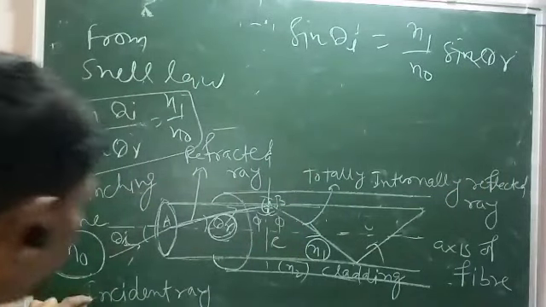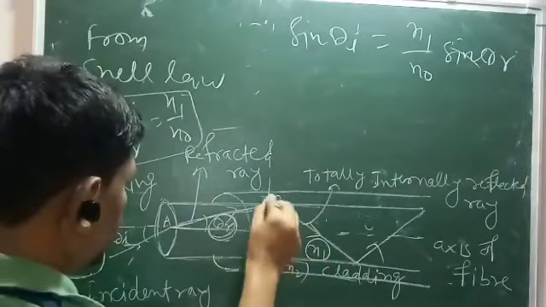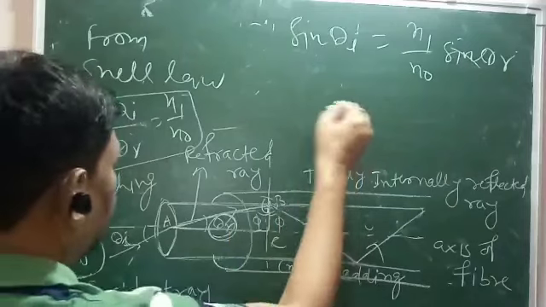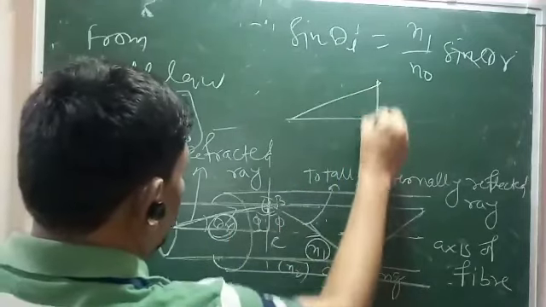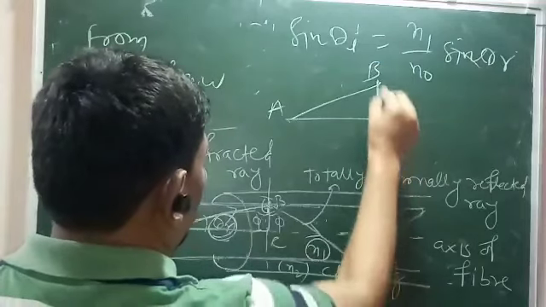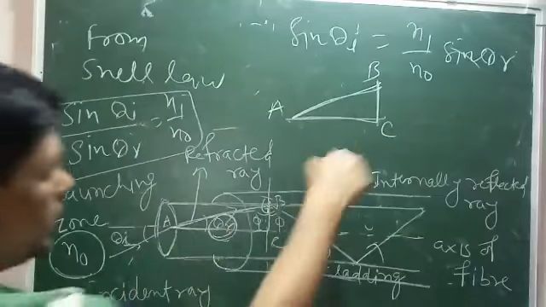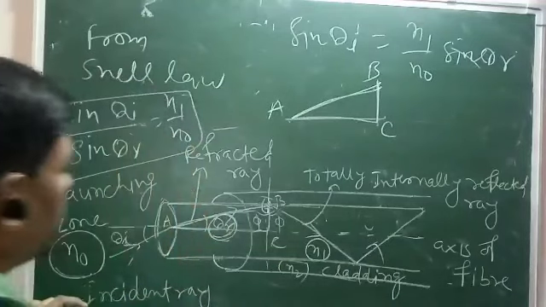Now let us see this in a broader way. This is the actual considered region in the core and cladding interface.